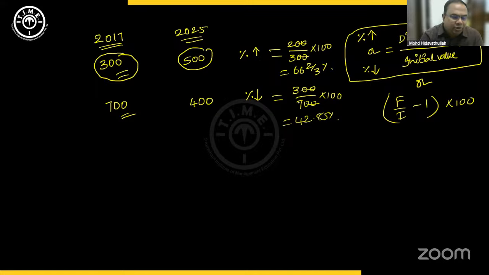In between, I have 2018, 2019, 2020, 21, 22, 23, 24. What happened in these 7 years? There may be 7 increases, 7 decreases, 10 increases, 10 decreases, in between 100 increases, 100 decreases, doesn't matter. Percentage increase or decrease is only based on the initial value and the final value.